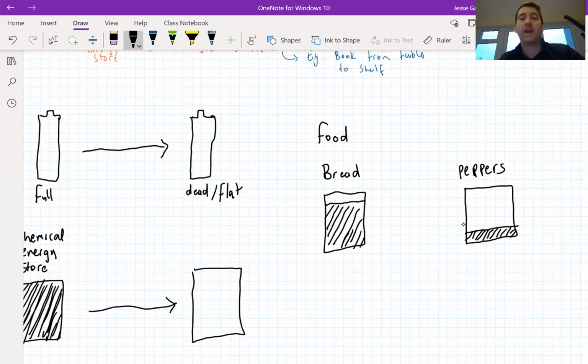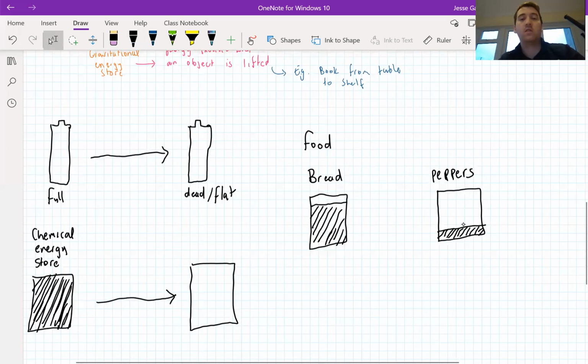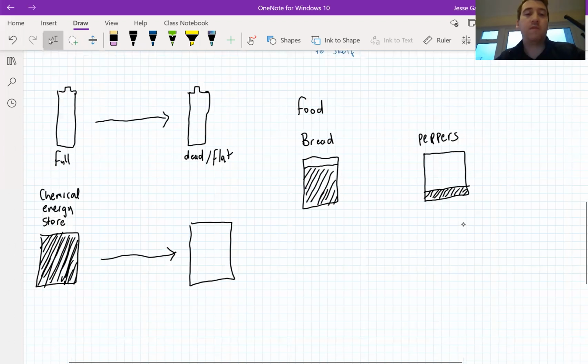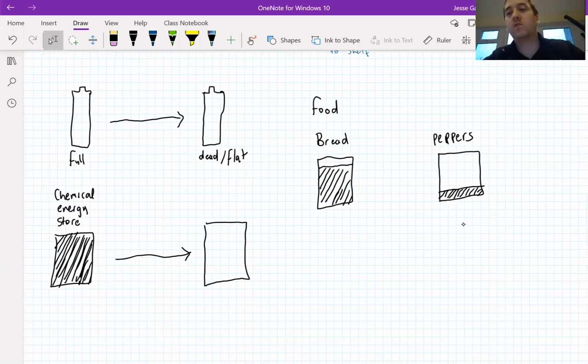And these are, again, chemicals with a lot of energy in the chemical energy store. The chemical store is important for batteries, food, and fuels. So fuel is a substance or a chemical with a lot of energy in its chemical energy store. And when you burn it, you can release that energy to the surroundings. So that is number 4, the chemical energy store.